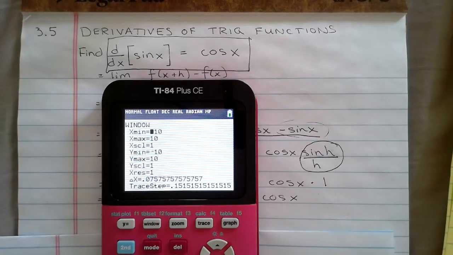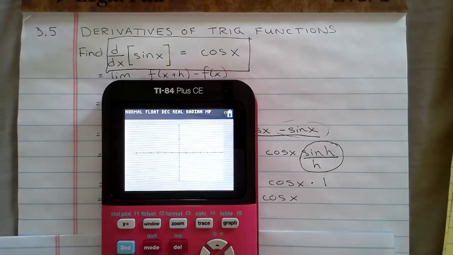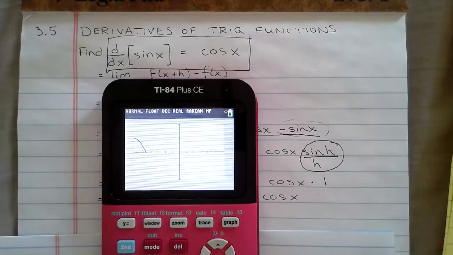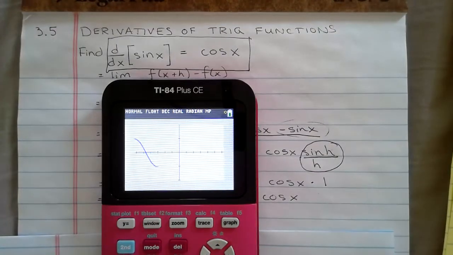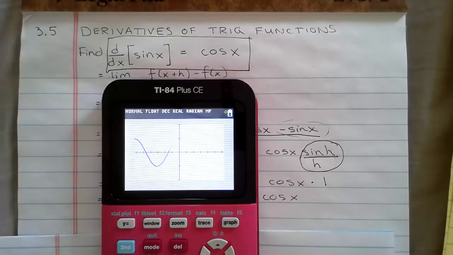I want to go from negative 2 pi to 2 pi. And I certainly don't need a y from negative 10 to 10 when I'm doing sine, which I know goes from negative 1 to 1 on the range, and I can graph that. It's taking a while to graph because it's calculating the derivative at every value. All that considered, it's actually doing pretty well, huh?